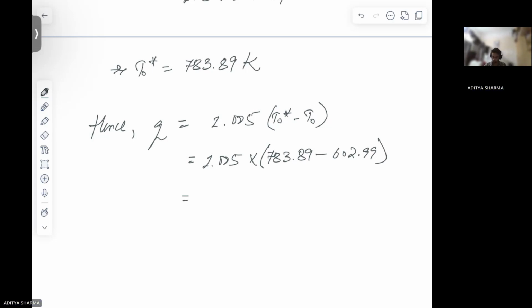Calculate this. So this is there. 181.80 kilojoule per kg.